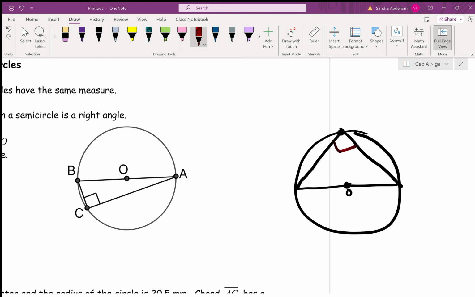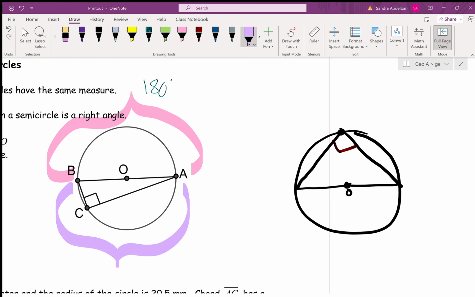Why? Well, it makes perfect sense. Doesn't a diameter split a circle in half? Yeah. So we know the top part of the diameter is 180 degrees, and the bottom part is 180 degrees. Now, if you look at the drawing I have here, isn't this an inscribed angle?